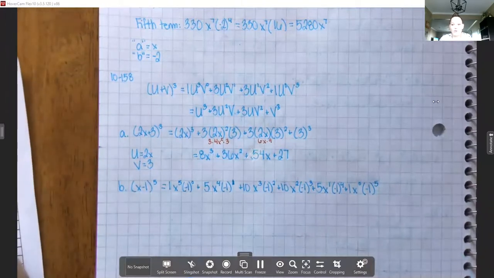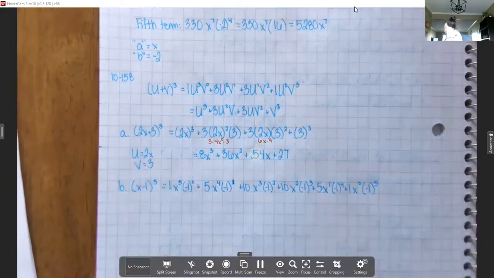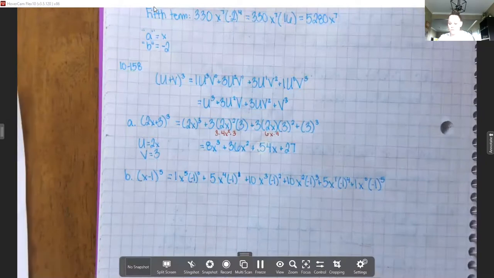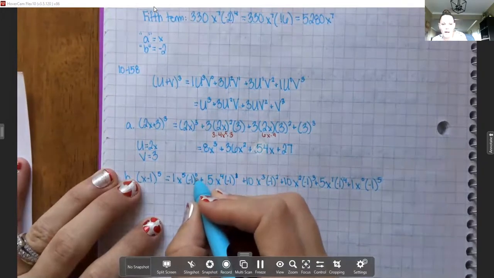And so now we have to start simplifying. So -1 to the 0, anything to the 0 power we know goes away.